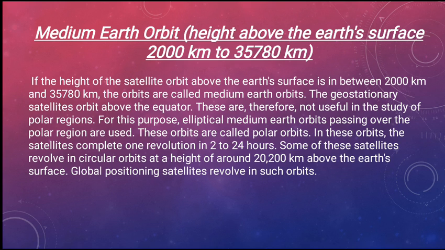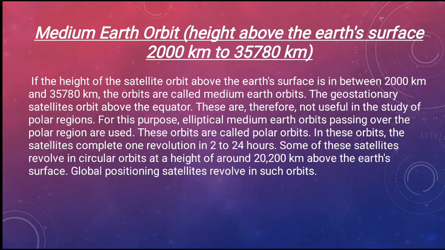So children, if the height of the satellite orbit above the Earth's surface is between 2000 kilometers and 35,780 kilometers, the orbits are called medium Earth orbits. That means the height should be between 2000 kilometers and 35,780 kilometers, then only it will be called the medium Earth orbit.